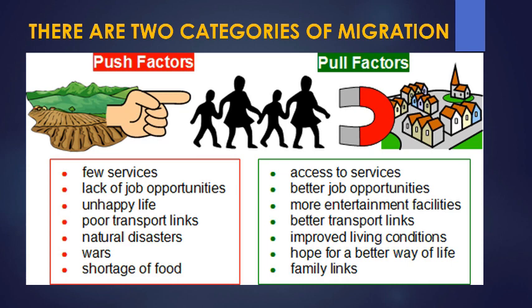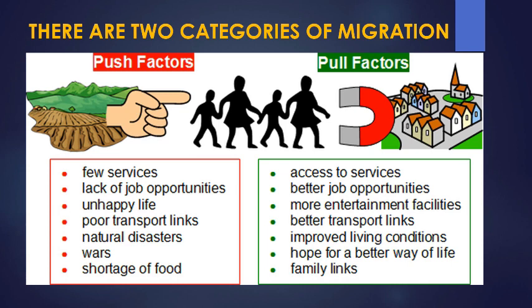So these force people to leave their place of origin or residence mainly due to poverty, lack of basic infrastructural facilities, natural disasters or many other reasons which exactly push the people to leave their place of origin and settle down somewhere else.